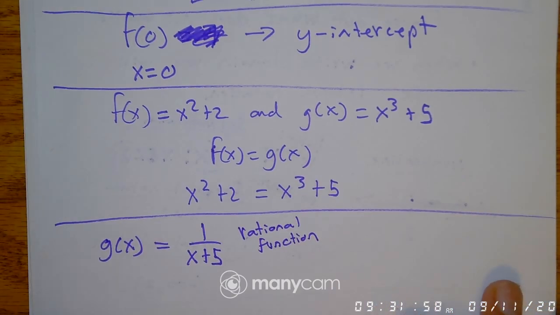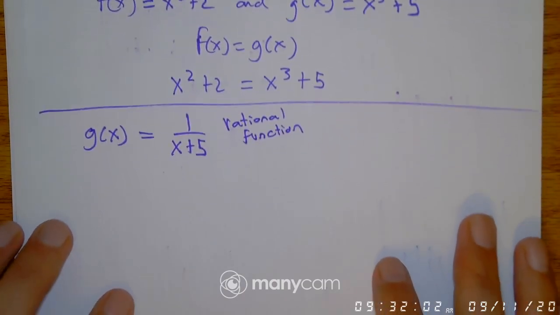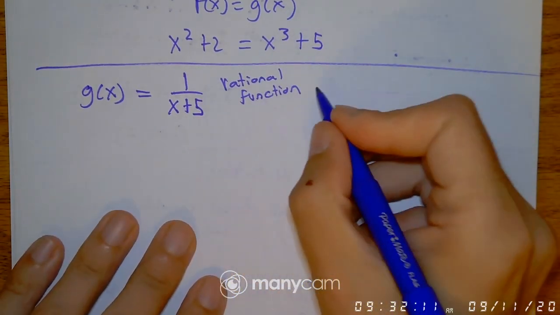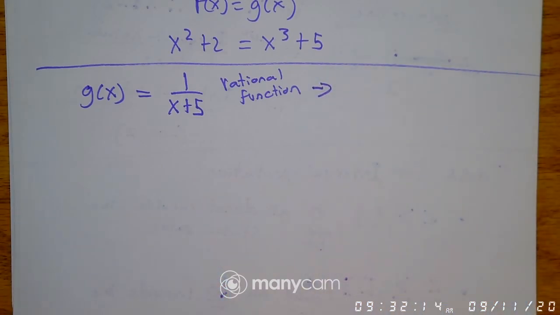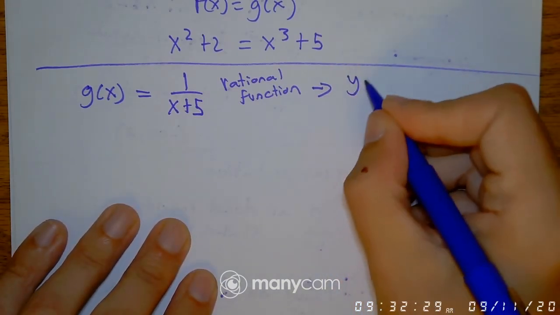So if you forget these, we're going to do that. But when we're talking about domain, remember how I said sometimes with domain, it's easier to figure out where it breaks than when it doesn't break. So if we take a look at rational functions, does anybody know where rational functions break or why they break? Okay, they break because you can't divide by 0.